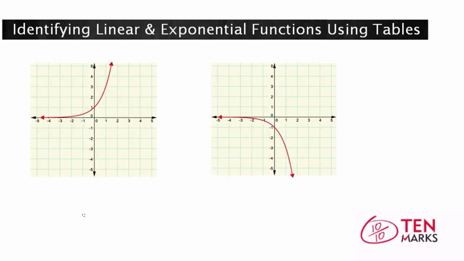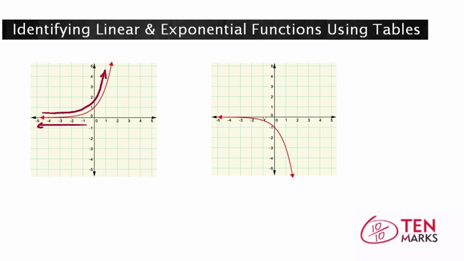Okay, so here we have two equations graphed side by side. They're both exponential functions. The graph on the left shows that as x gets bigger, or as x increases, y increases rapidly. And if we look at it from the other direction, as x gets smaller or decreases, the y values are getting closer and closer to the x-axis, or getting closer to 0.